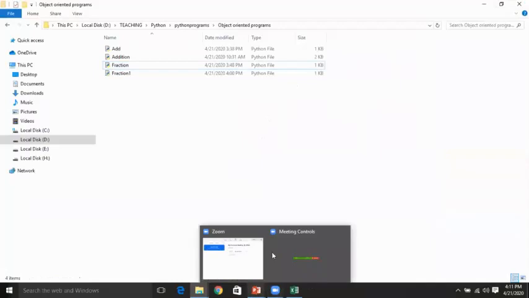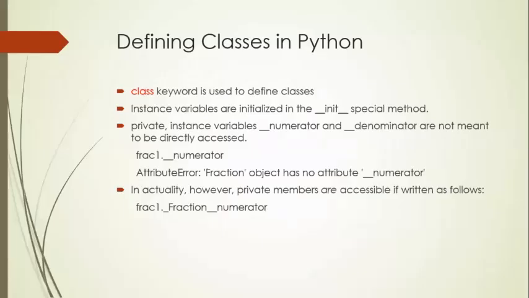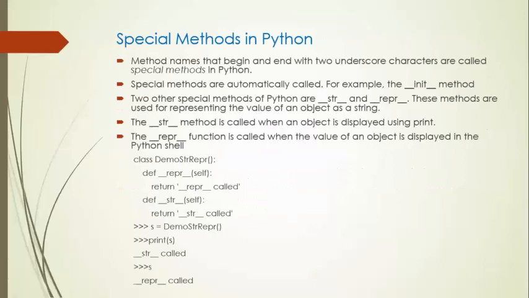And apart from this initialization, there are other different special methods available in the Python programming language. Some of the special methods are underscore underscore str underscore underscore and underscore underscore repr underscore underscore. These are the two special methods which will help us in handling string objects.